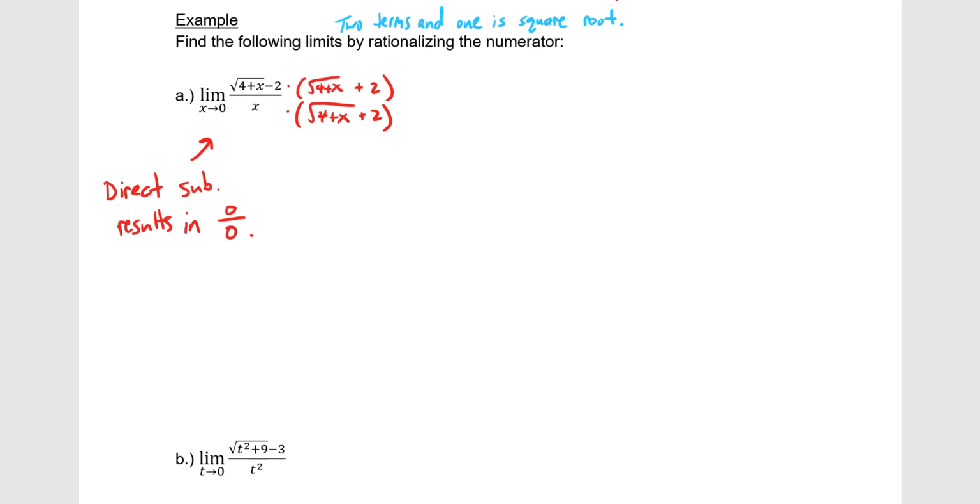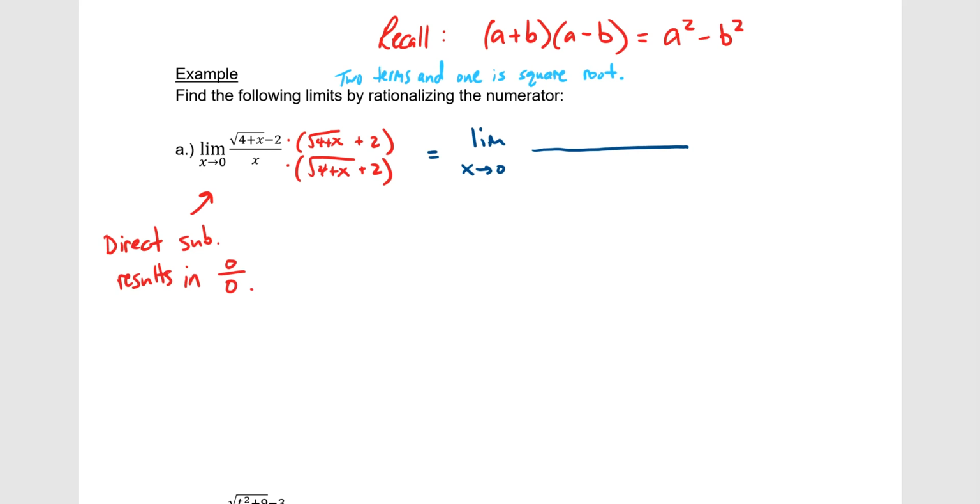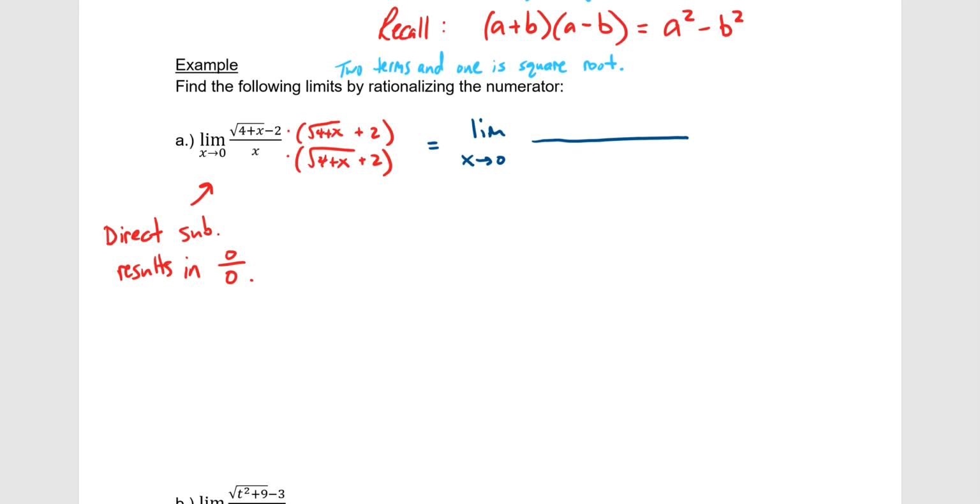And now we're going to get the limit as x approaches 0 of, so here's the shortcut that we just wrote down up here. You do not want to have to actually FOIL this out. You can, it's not the end of the world, but the shortcut is that it's going to end up being the first one squared minus the second term squared.